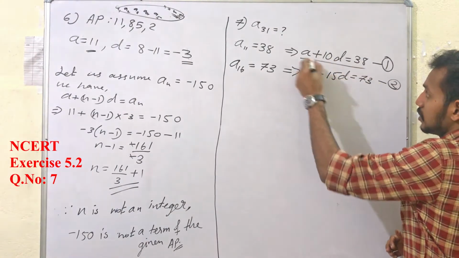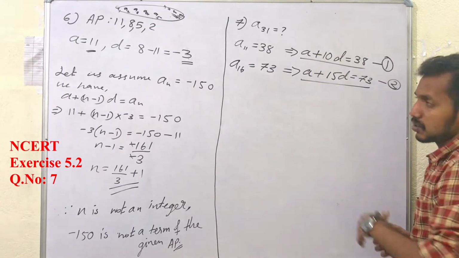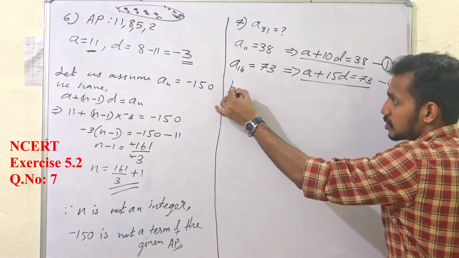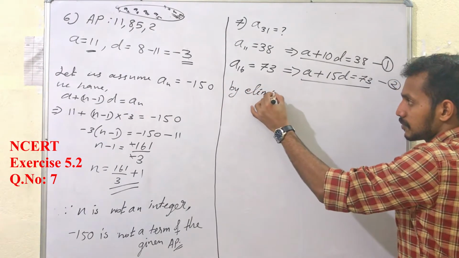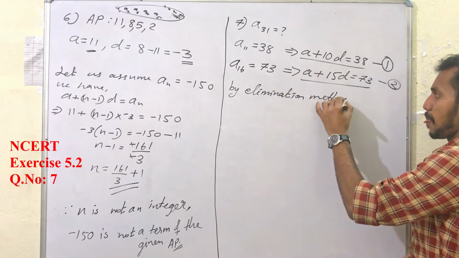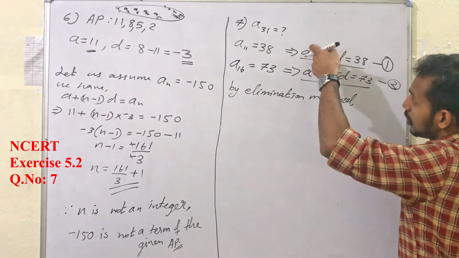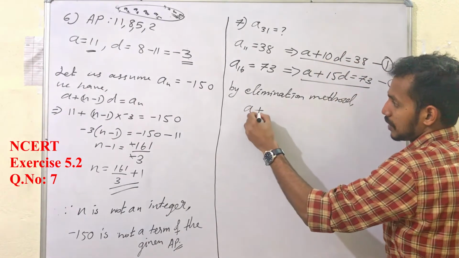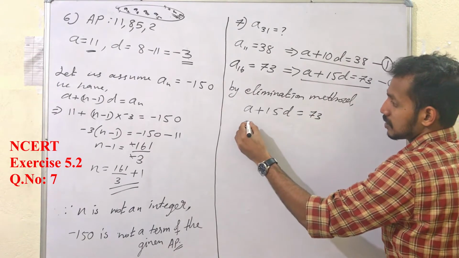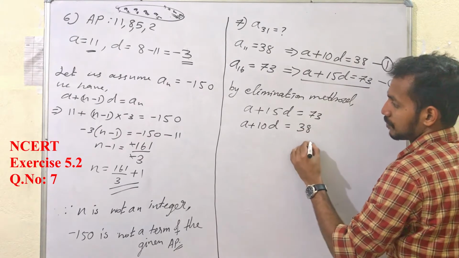The coefficient of a is equal, so it's better to use the elimination method. It's already equal, so subtract the equations and a will be eliminated. So by elimination method, let us subtract equation number 1 from 2. So a plus 15d is equal to 73 and a plus 10d is equal to 38.